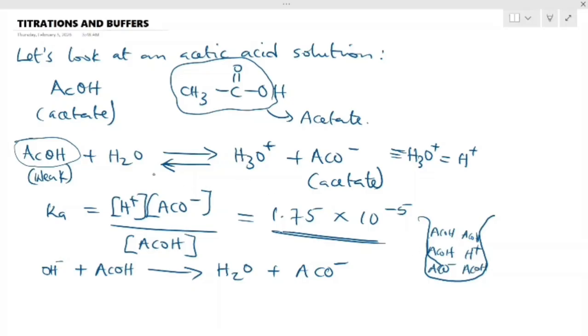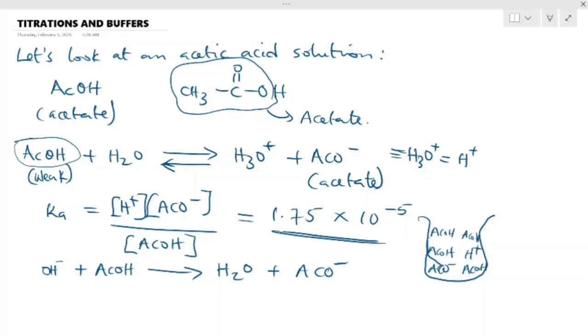In this reversible reaction, very little of the acid was dissociated to H plus and ACO minus. So more of the concentration and the amount is still in the weak acid form. It's not fully dissociated. Hence, the Ka value is actually very small. So the whole of this as it is, that is what titration is.